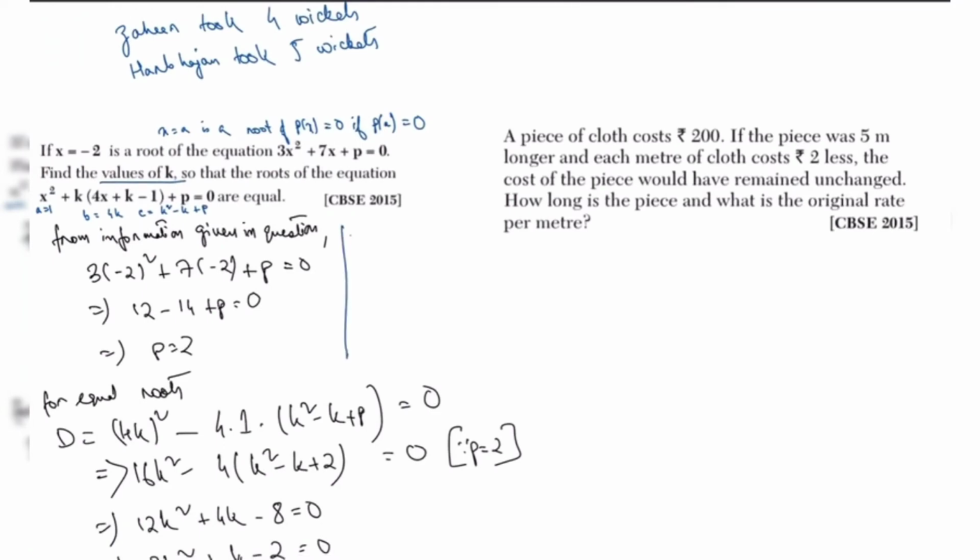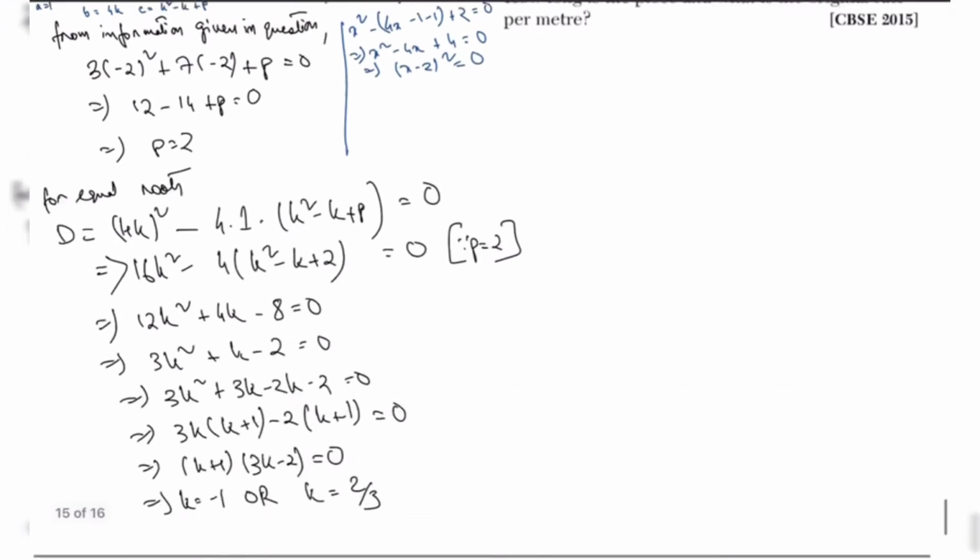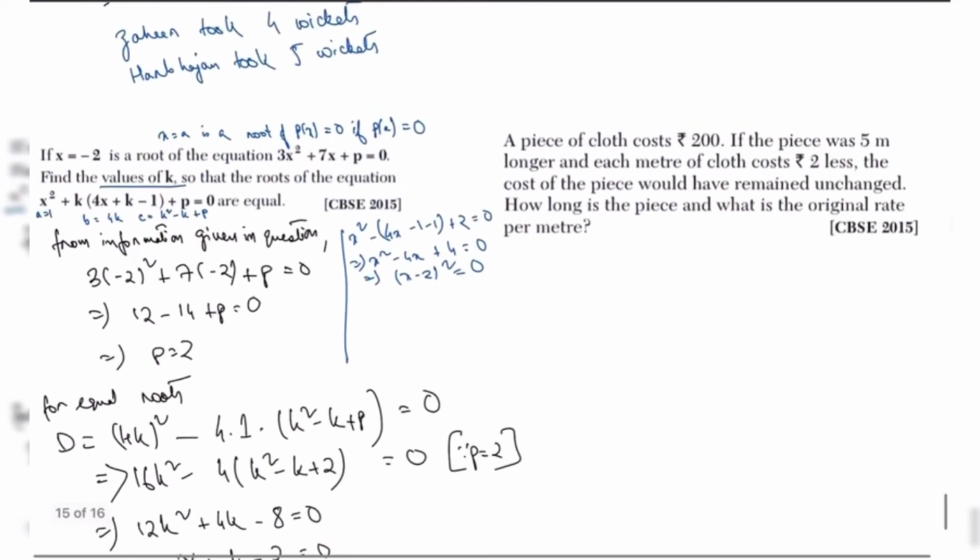For k equal to minus 1, we have x square minus 4x minus 1 plus 2 equals 0. Does it have equal roots? Because x square minus 4x plus 4 equal to 0 is what we get. So this is x minus 2 whole square equals 0. Of course, we have equal roots here. And what is the other value? 2 by 3.